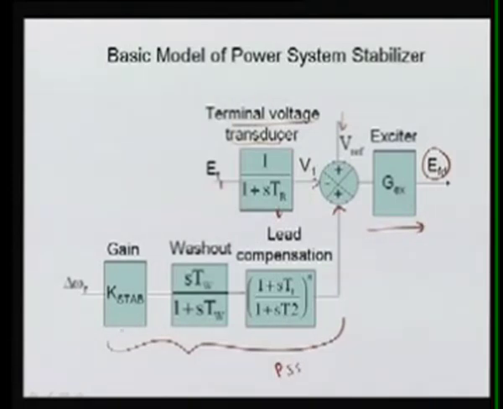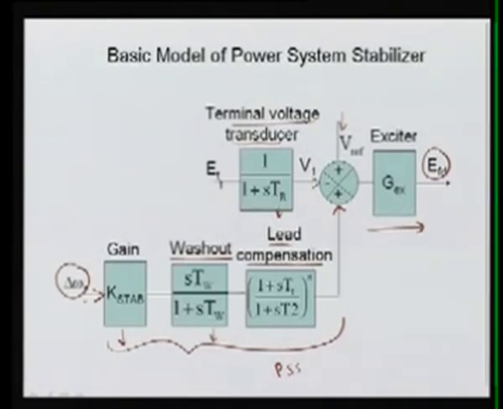One is your gain, called KSTAB. Your washout filter is sT omega divided by 1 plus sT omega, where T omega is the time constant, and then (1 plus sT1) over (1 plus sT2) to the power n. This is the lead compensation we normally use. Now what we are measuring, the input to this, is the change in the speed deviation.